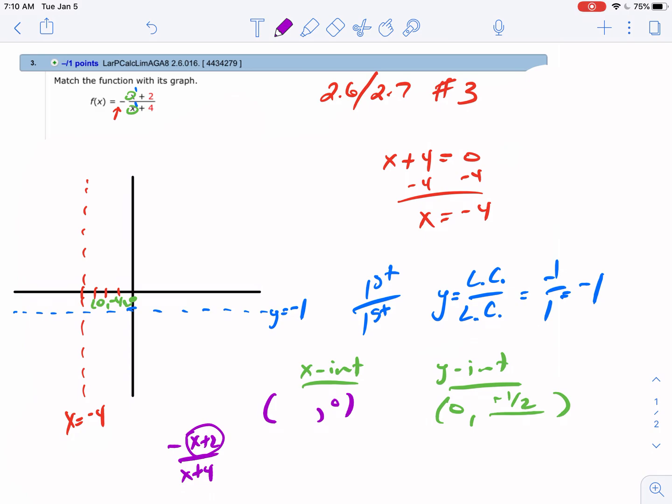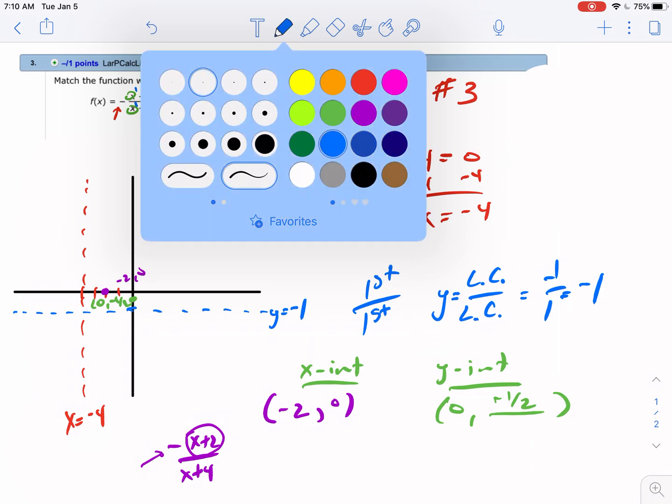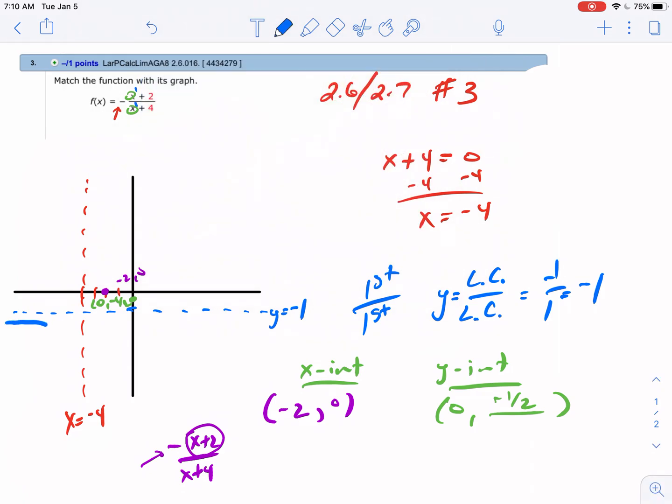I would say when I put a negative 2 up top, that's going to be a 0. The negative sign won't affect it, because if I put negative 2 in for x, I get negative 2 plus 2. So right there, which means I'm hitting here at negative 2, 0.